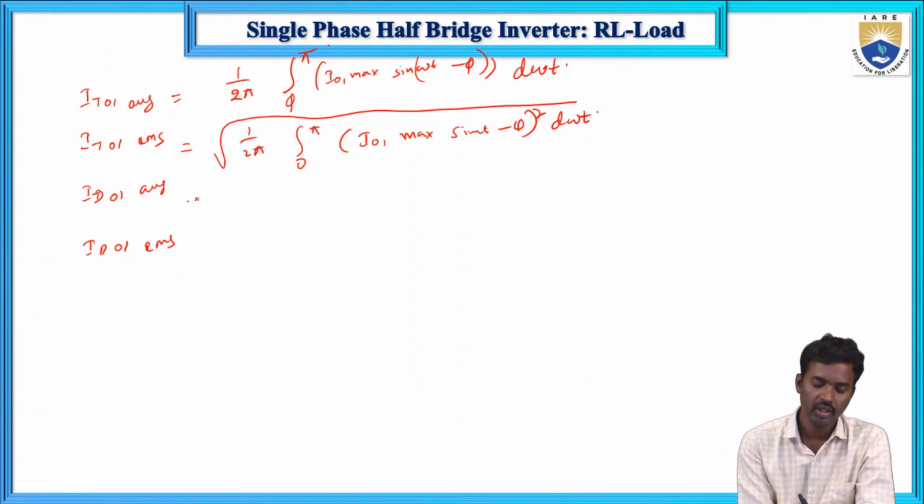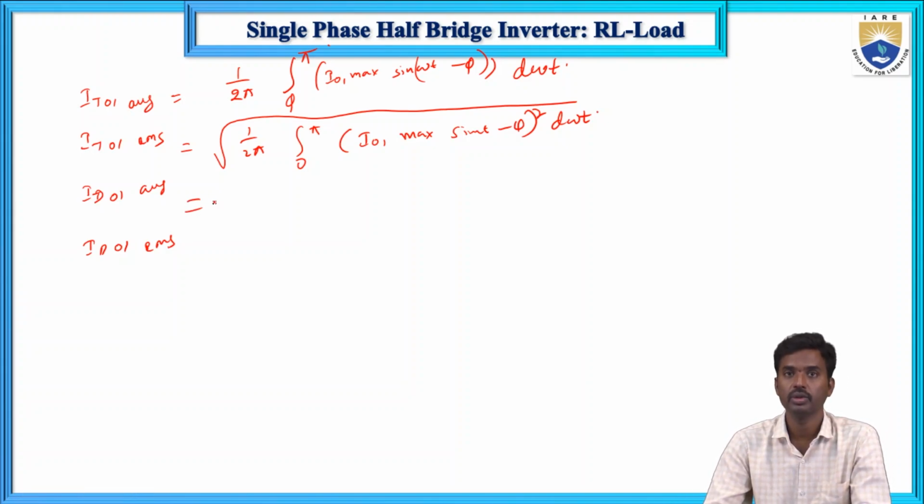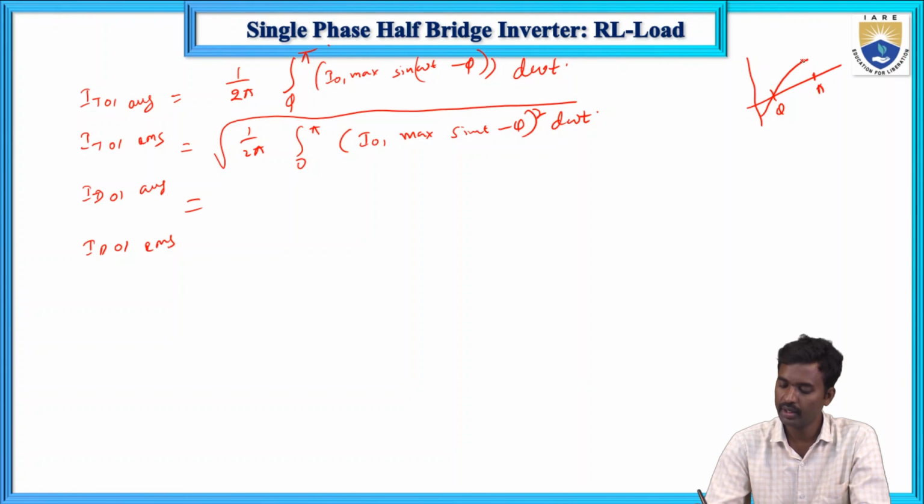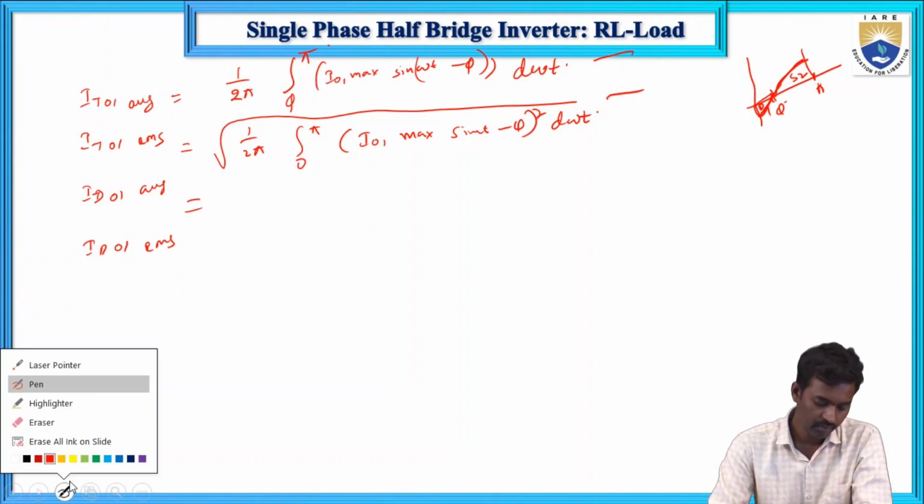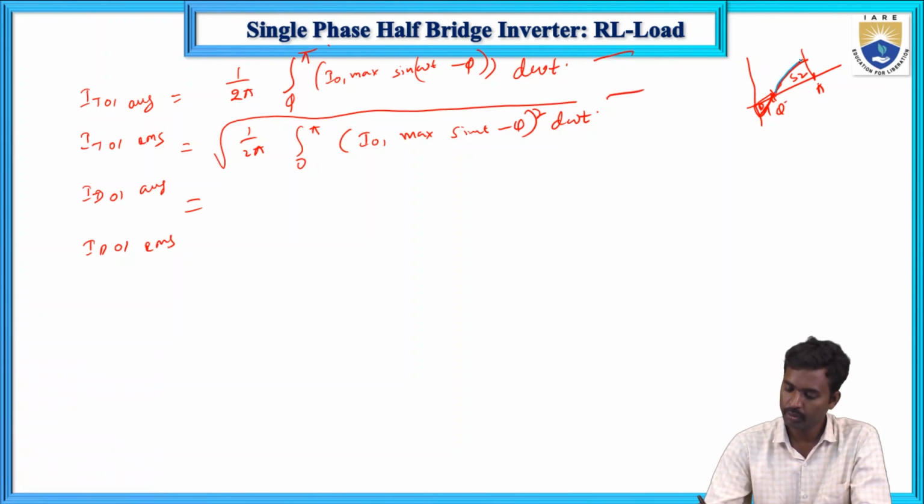And next, diode RMS current equals to, so diode, if suppose it is conducting, this is a phi duration and this is a pi duration. From 0 to phi, D1 diode will conduct. Up to this duration, 0 to phi, these two are conducting.